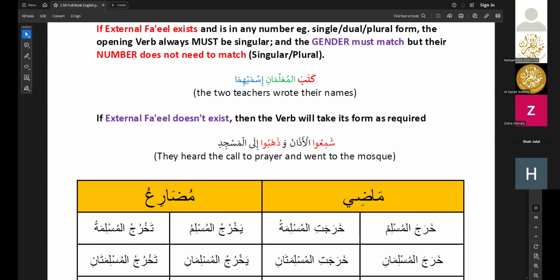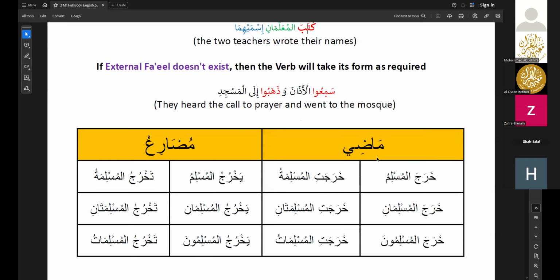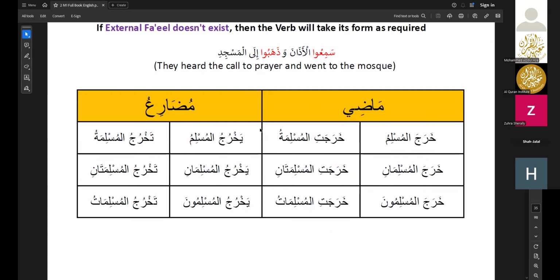No. So whatever is normal, whatever is required, that will come. I would just like to add, dhahaba will have an external fa'il, yes. Good, mashaAllah. I think this point is clear to everybody. If not, please shout.